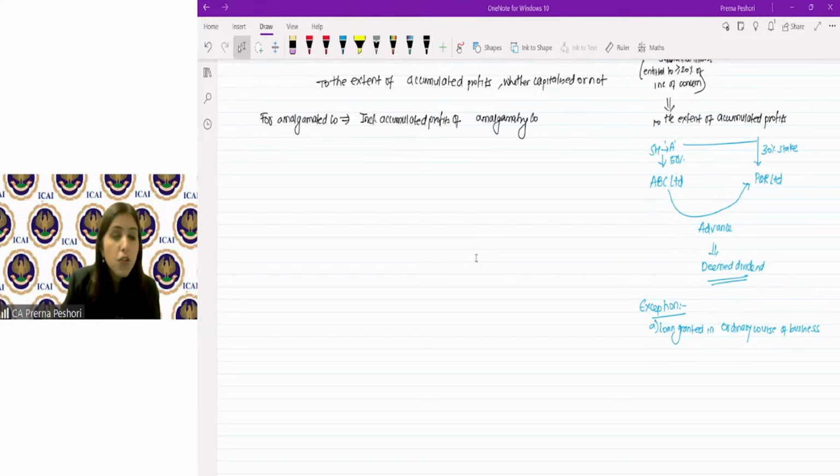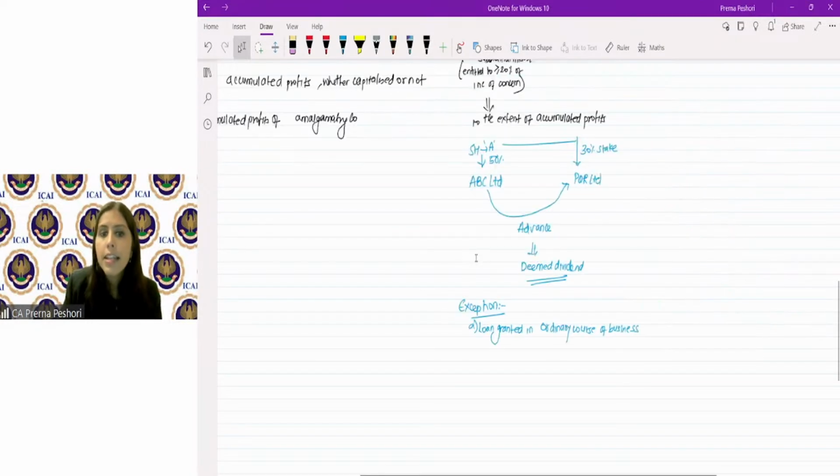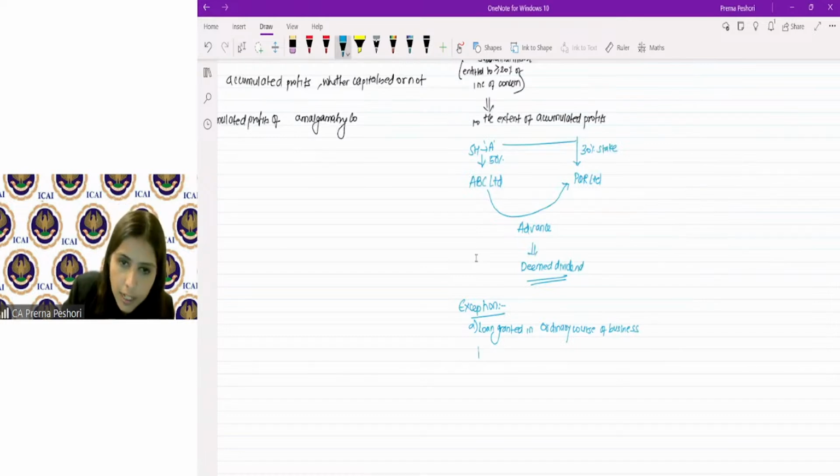Or let's say, for example, it is a trade advance. It is in the nature of trade advance. Then also this will fall under the exception. So basically, where I have trade advances or lending is part of the substantial business of the company, or it is in the ordinary course of business, then it will fall under the exception. It will not be taxable as deemed dividend.